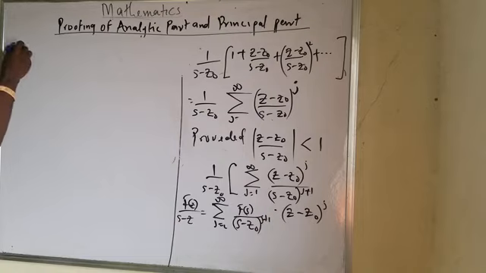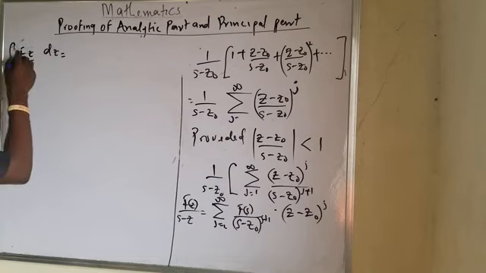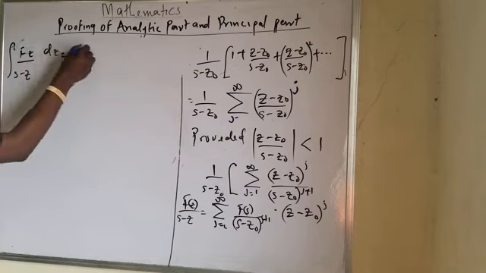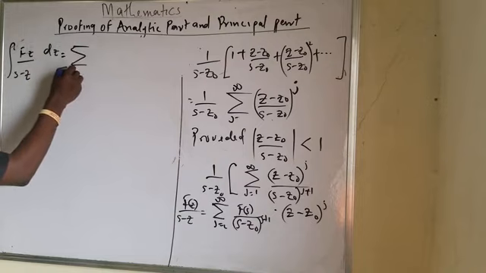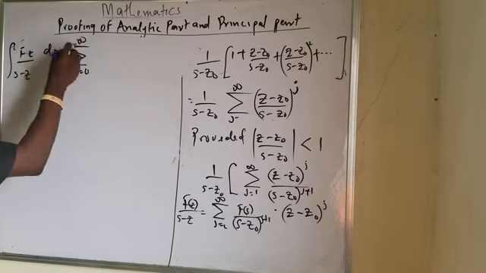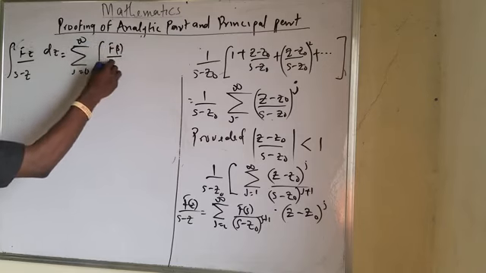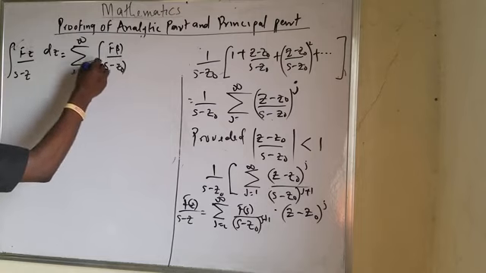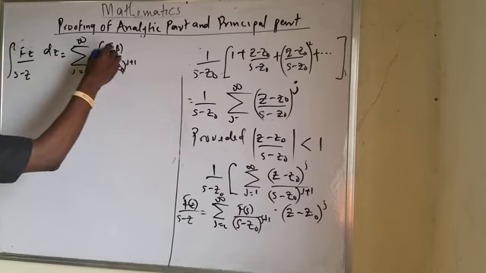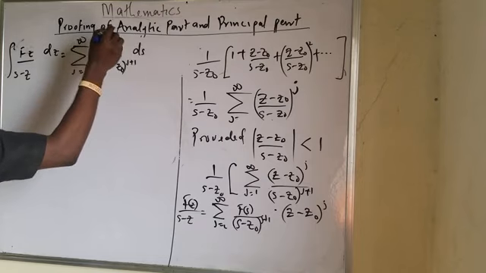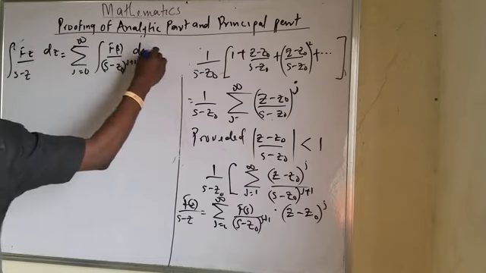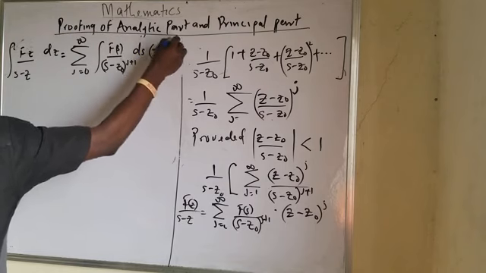If I integrate f of z dz divided by x minus z, it will be equal to the summation running from j equals 0 to infinity of the integral of f of x divided by x minus z naught bracket of j plus 1, dx, and z minus z naught bracket of j.